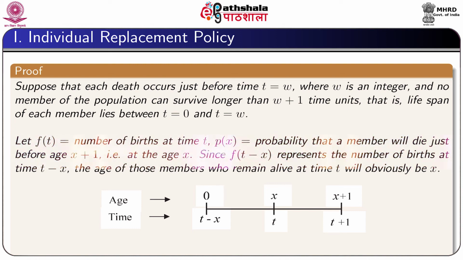Since f t minus x represents the number of births at time t minus x, the age of those members who remain alive at time t will obviously be x. The figure shows that at time t minus x the age is 0, and therefore, at time t the age should be x, and at time t plus 1 the age should be x plus 1.